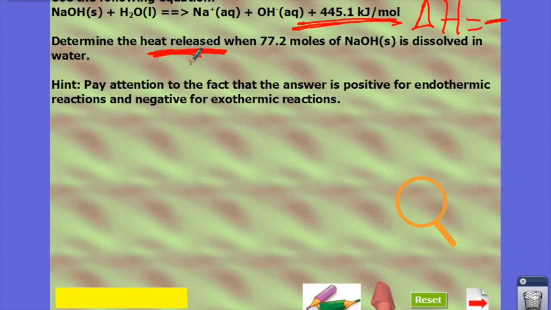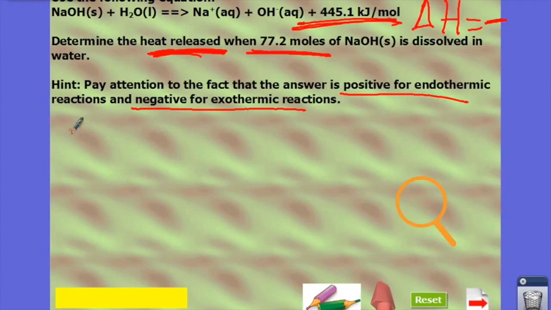Okay, so it is exothermic, when 77.2 moles sodium hydroxide is dissolved in water. The hint says to pay attention to the fact that the answer is positive for endo, and the heat is negative for exo. So we already established that this equation is exothermic, therefore the heat will be negative.